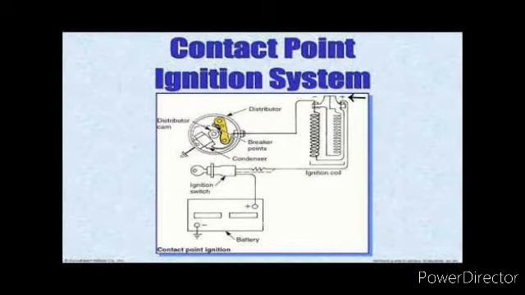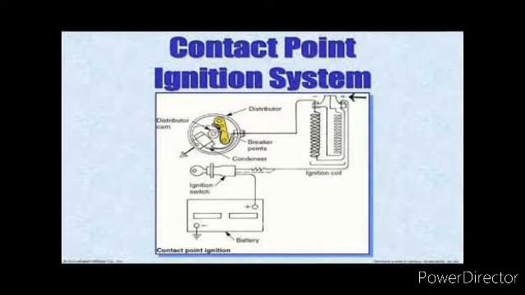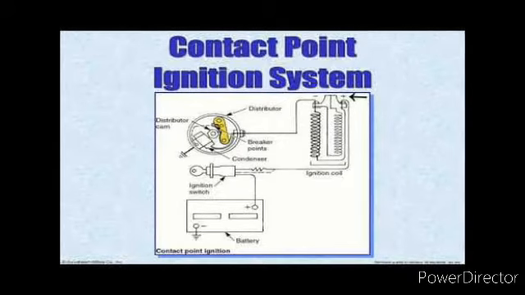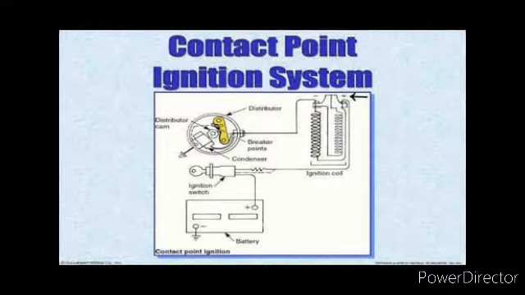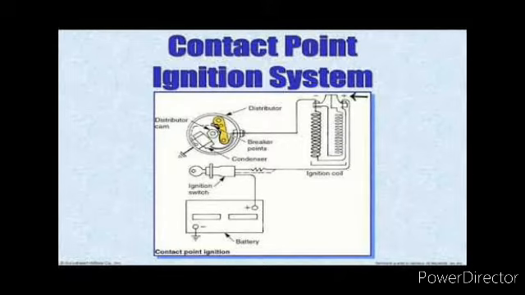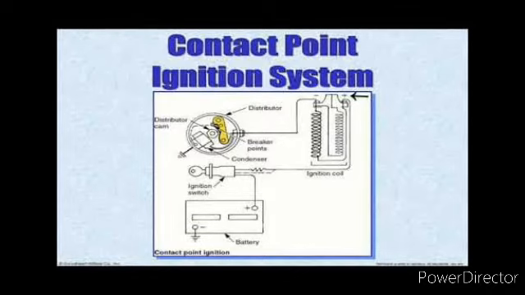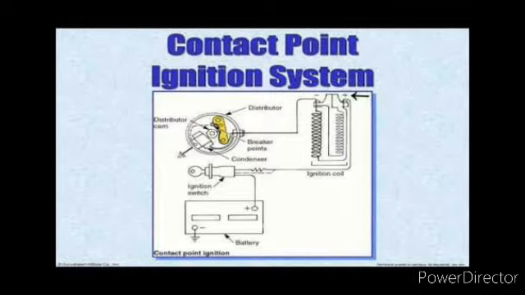With the contact points wired to the primary winding of the ignition coil, the contact points make and break the ignition coil primary circuit. With the contact points closed, the magnetic field builds up in the coil. As the points open, the magnetic field collapses and voltage is sent to the spark plugs.